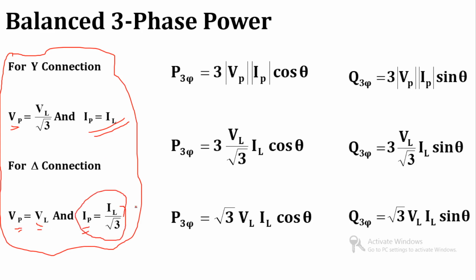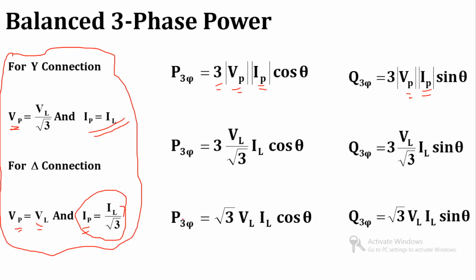So let me write the active and reactive power in terms of line voltage and line current. First I will write for star connection. I will put Vp equal to VL by root 3 and Ip equal to IL.